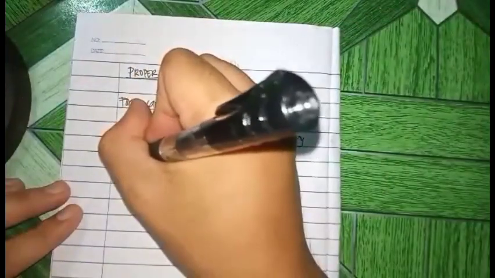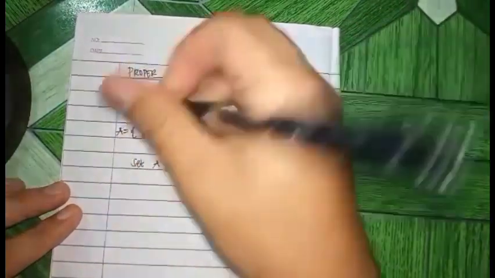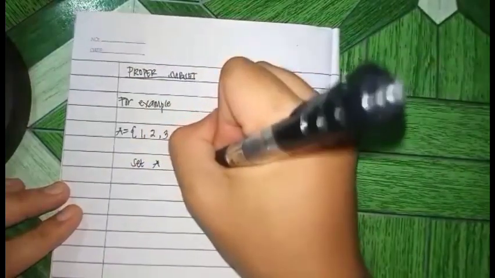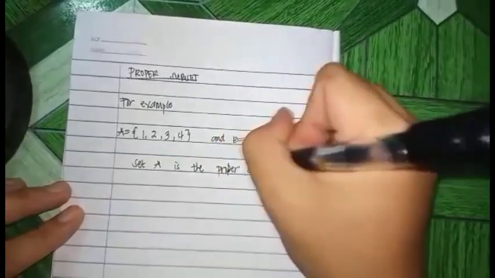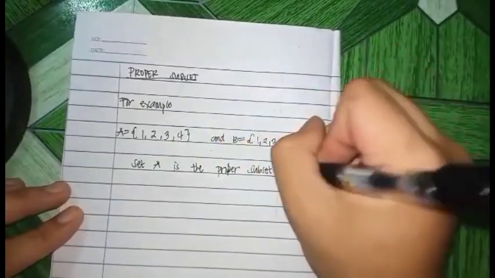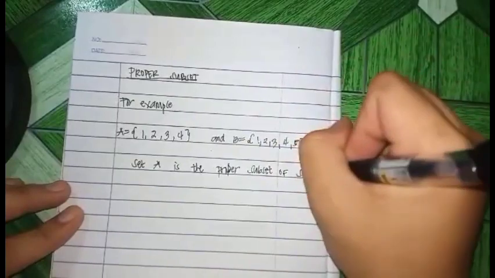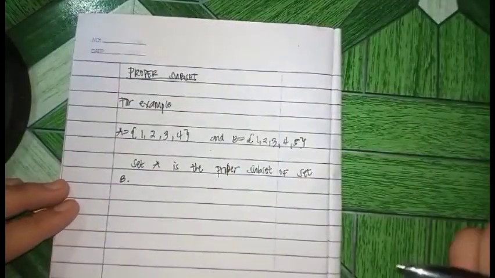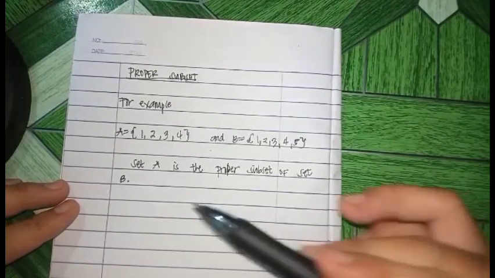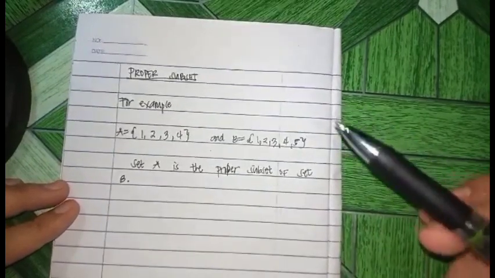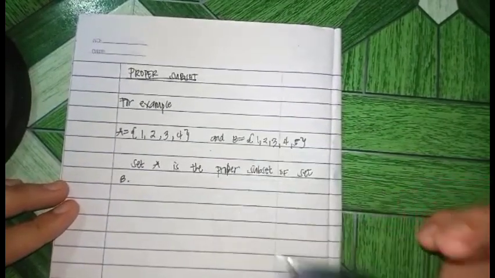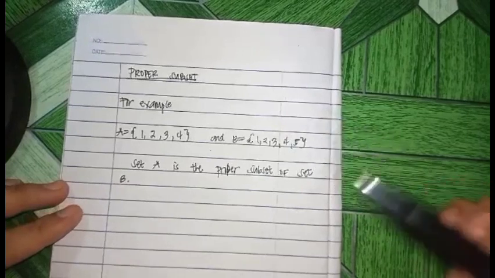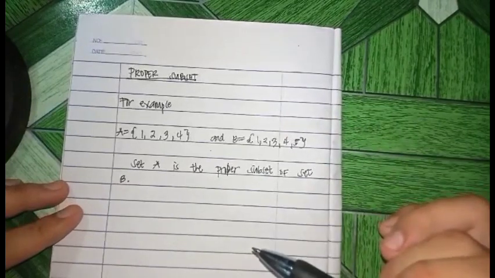Set A is the proper subset of set B because set B contains all the elements of set A, and set B contains more elements than set A.